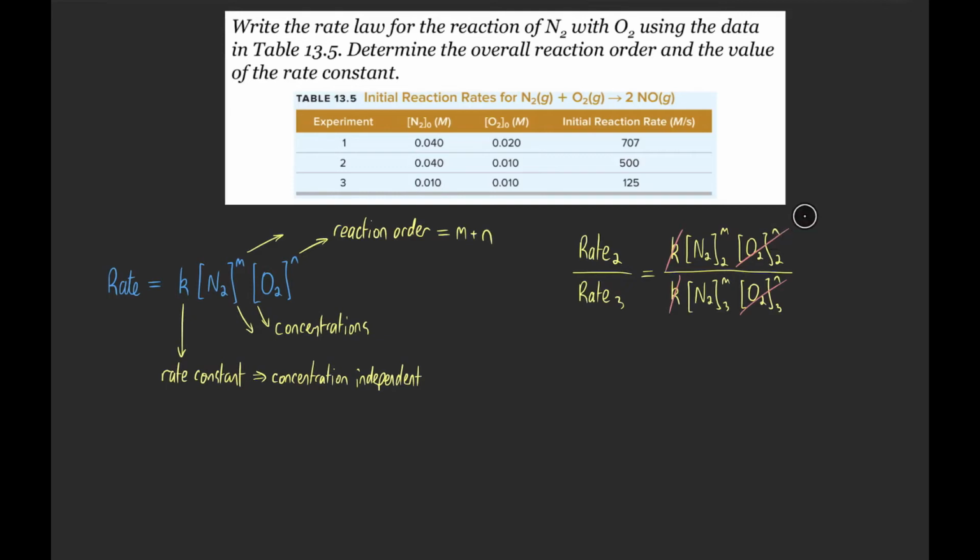In order to rearrange this expression and actually solve it, we have to use logarithms. So we're going to take the natural logarithm of both sides of our expression here.